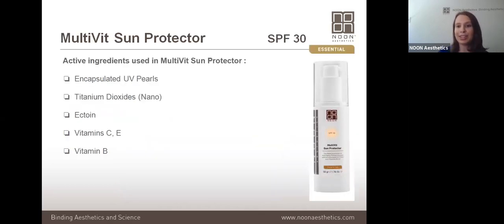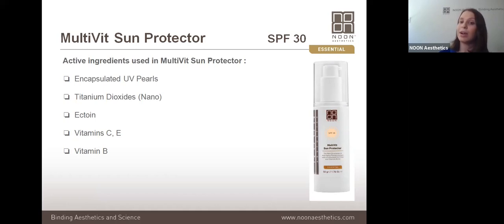And of course, the sun protectors. So our first one is the Multivite, which contains the encapsulated UV pearls, the titanium dioxide, and the vitamins. So C, E, and B, which is niacinamide.